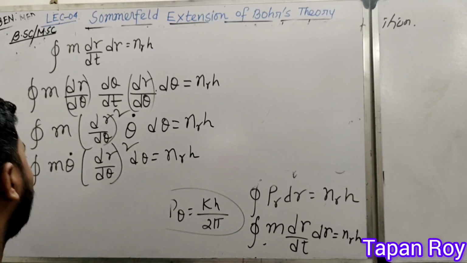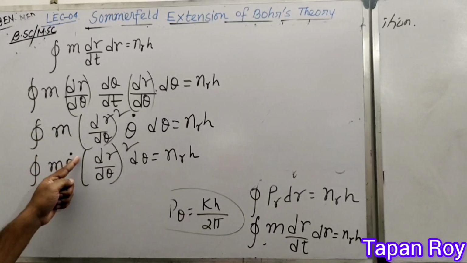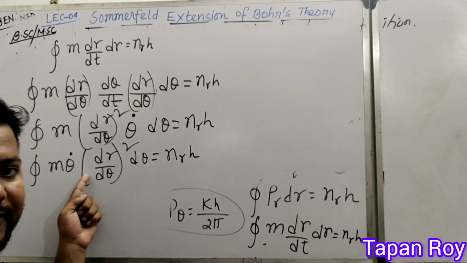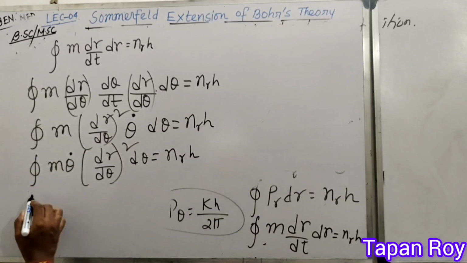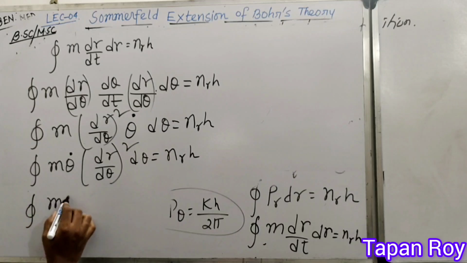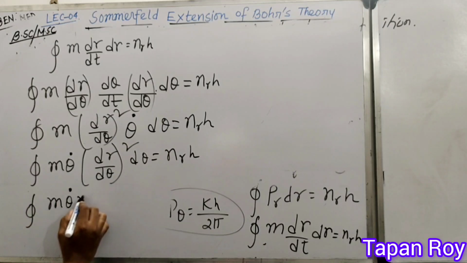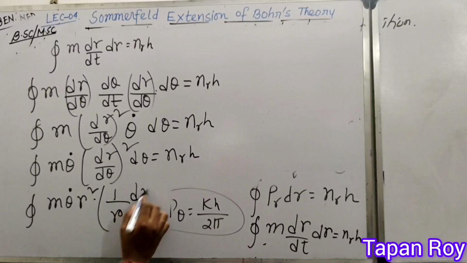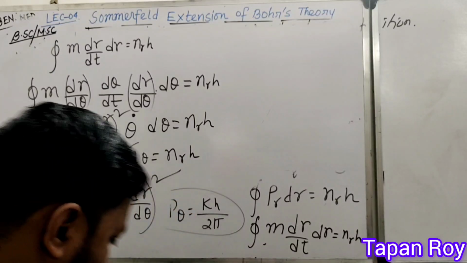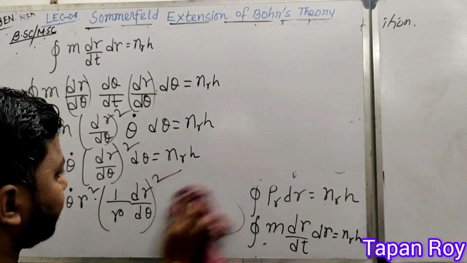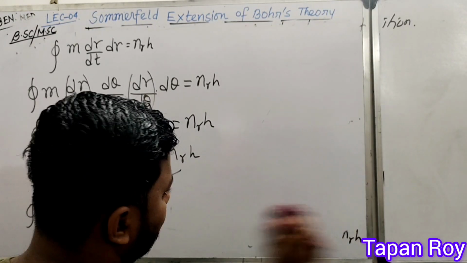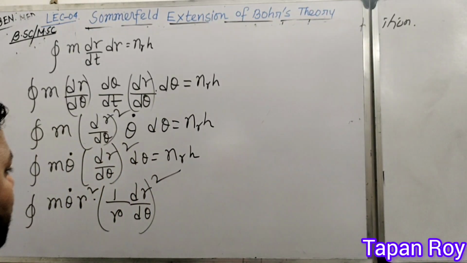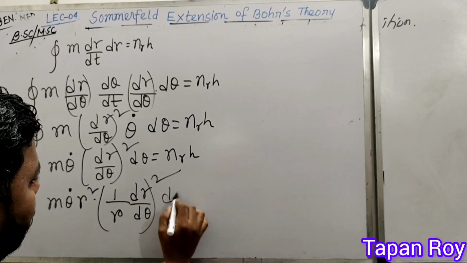Okay, now we multiply here r square and divide by r square, right? So here also M into theta dot into r square into 1 by r dr by d theta whole square into d theta.